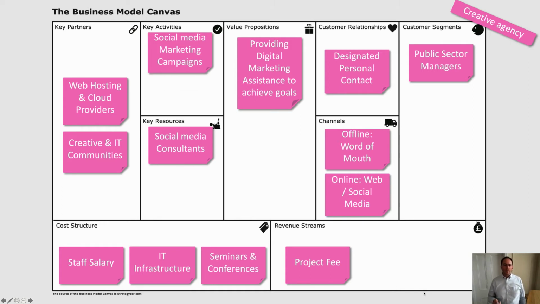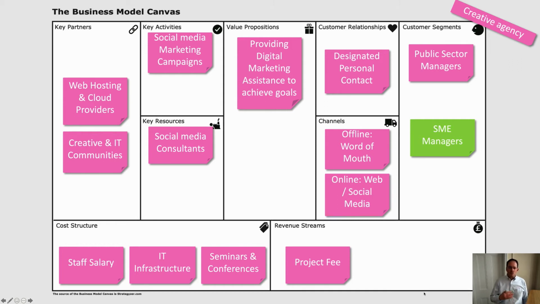Okay, so that was initially. How did the business model change over time? Well, for this business, as they got a reputation, they got approaches from SMEs who could see that they were providing a good service to the public sector managers, and they were saying, can you do the same for us? And initially there was a reluctance to move into this new segment, but over time, 12, 18 months in, it was recognised that there was a real market out there.